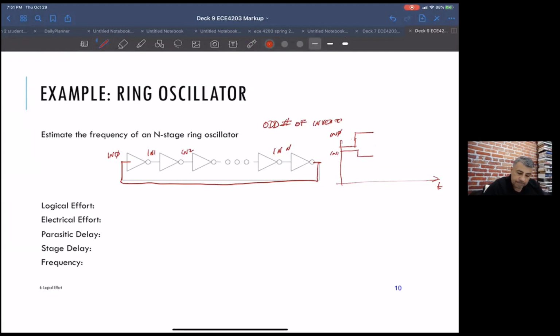Then this is a delay later, then N2, a delay later, and so on and so forth.